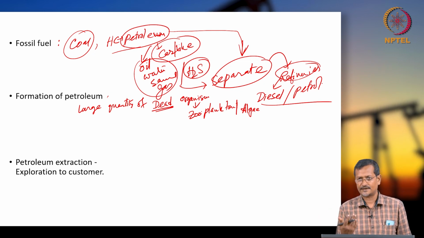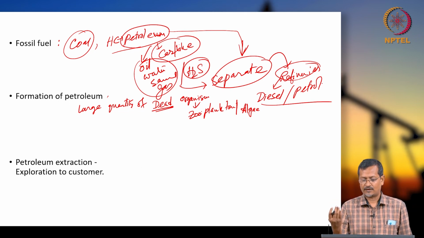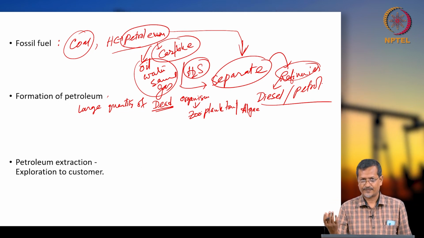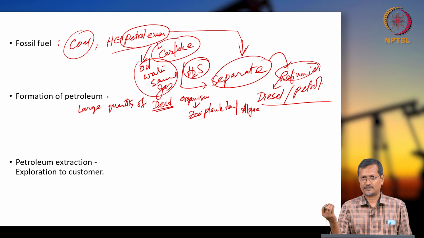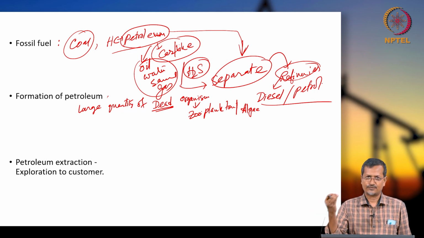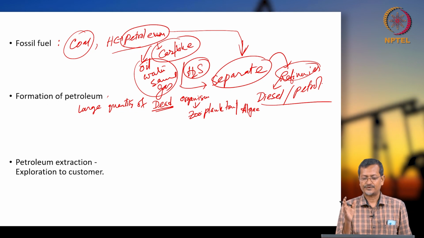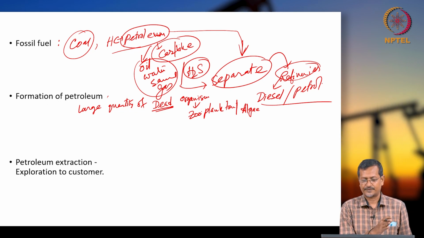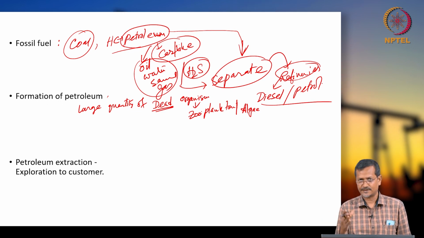These days alternative options are coming, for example biofuel. Biofuel does not come from petroleum. You make some conversion from plants and mix it with petroleum fluid, trying to reduce dependency on petroleum, because in India we are importing 82% of petroleum from other countries.